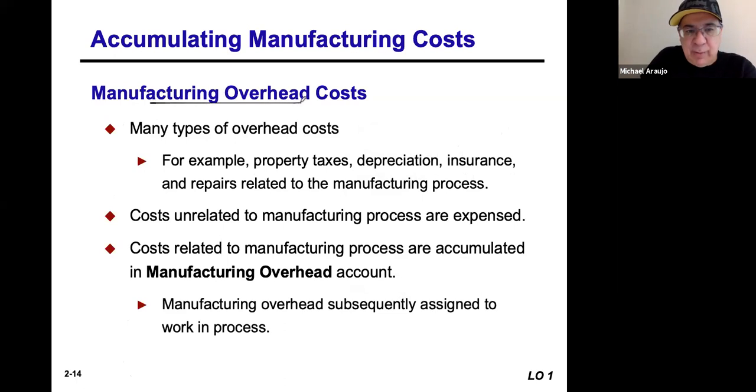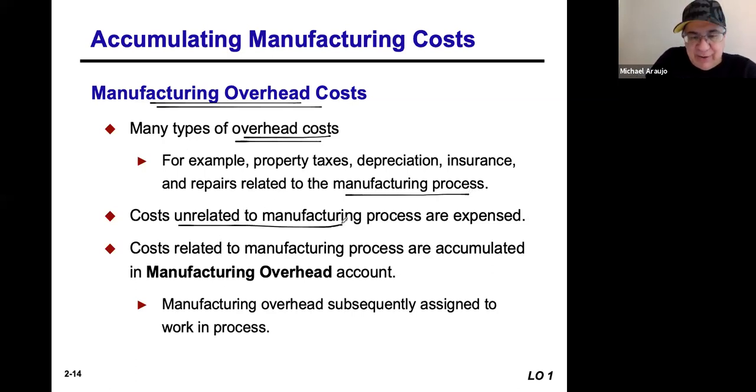And then, of course, you learned about manufacturing overhead costs in chapter 1. You can never forget it. Okay, just never ever forget it. Of course, you know about the overhead costs that are directly related to manufacturing, such as the property taxes on the building, the factory's depreciation, any insurance and repairs, anything related to the manufacturing process, right? Costs that are not related to manufacturing are not debited in manufacturing overhead.